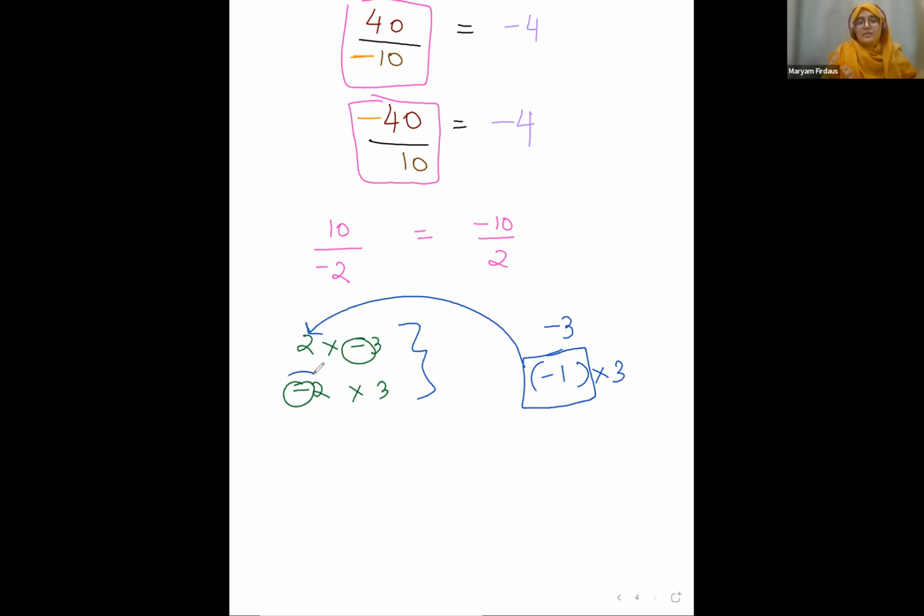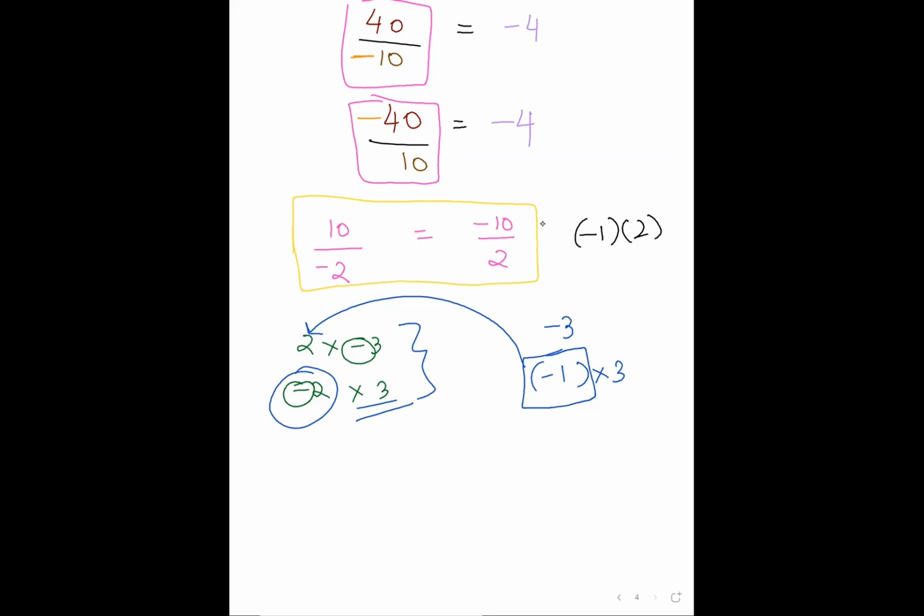That's how we got -2 multiplied by 3. Can you do a similar thing over here? Can you show me how these two are equal? I'll give you a hint. You have to separate the negative sign by saying, if this is -2, then you'll say -1 multiplied by 2.